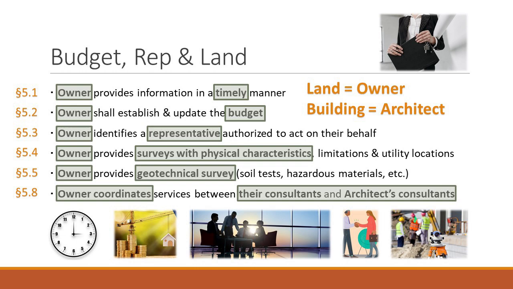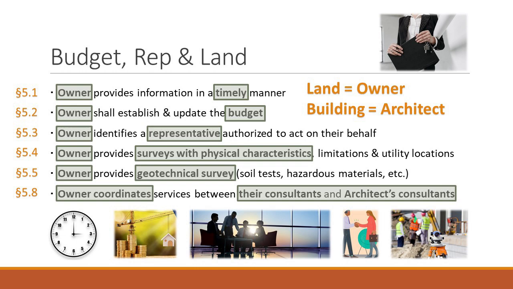5.2. So we talked about this last week a little bit, the concept of budget versus cost of the work. And this is again outlining the owner's requirements, and that was from Article 1, the initial information, is they've got to establish a budget. And then the owner needs to update that budget if there are changes that the owner agrees to. So you can't have a budget that says, I want a $1 million house, then they come to you and tell you it's going from a 3-bedroom, 3-bath to a 4-bedroom, 3-bath.